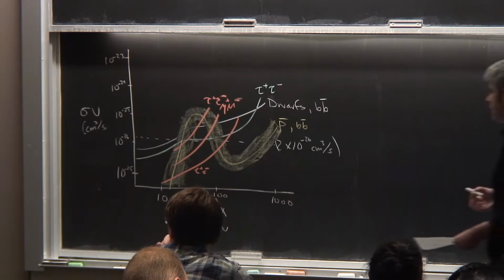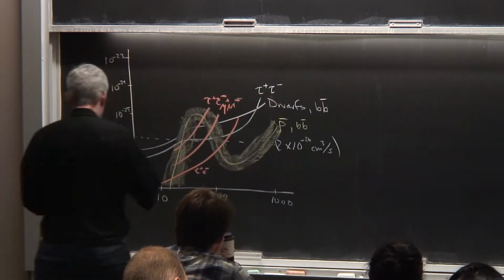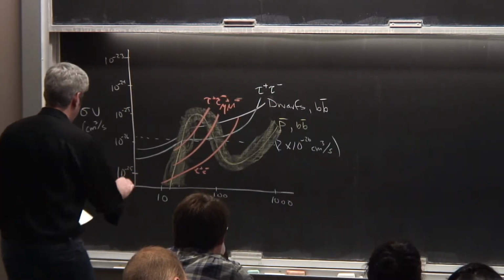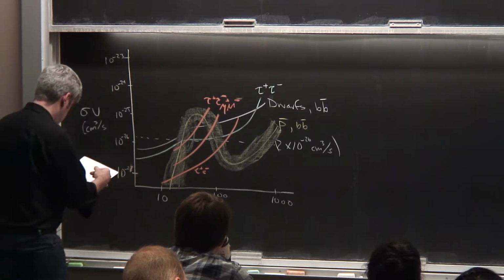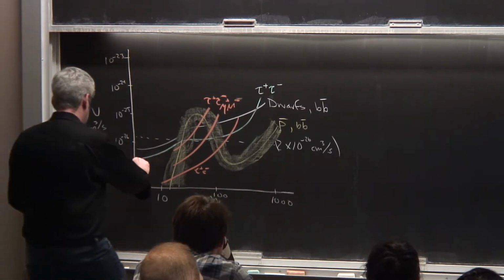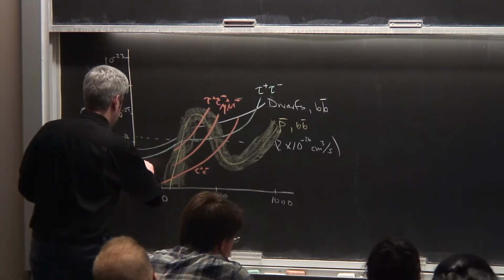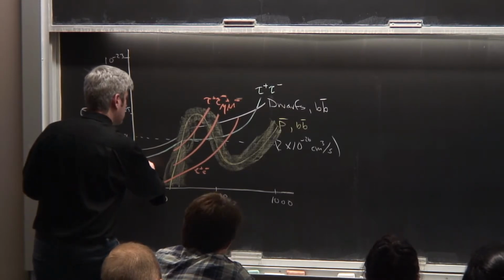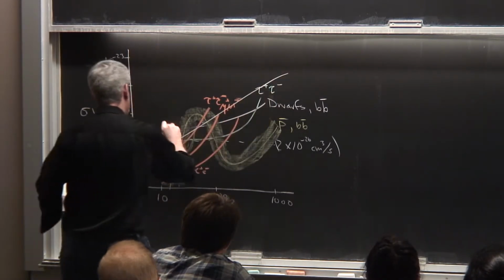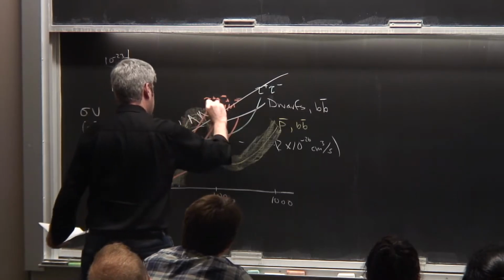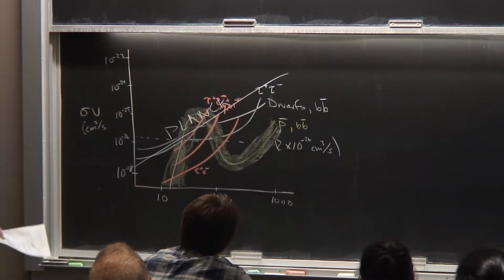So that can have a measurable impact on the CMB. The current constraints, this should be 27. The current constraints on that look something like this. For a wide range of channels.